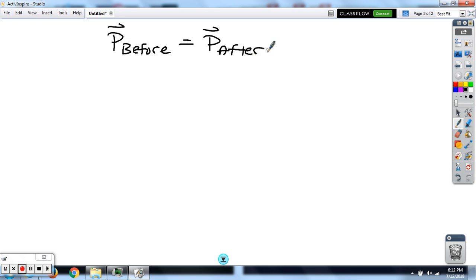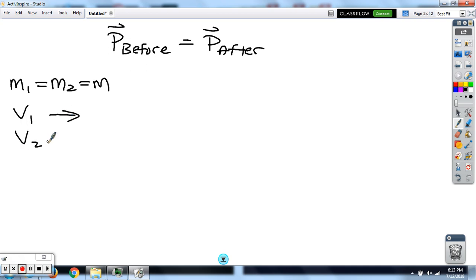So we have two objects. They have the same mass, so there's no need to distinguish between M1 and M2. Let's just call them M because it's going to be the same thing. We know what V1 is. That's the 4 meters per second. And we're assuming that it's moving to the right.